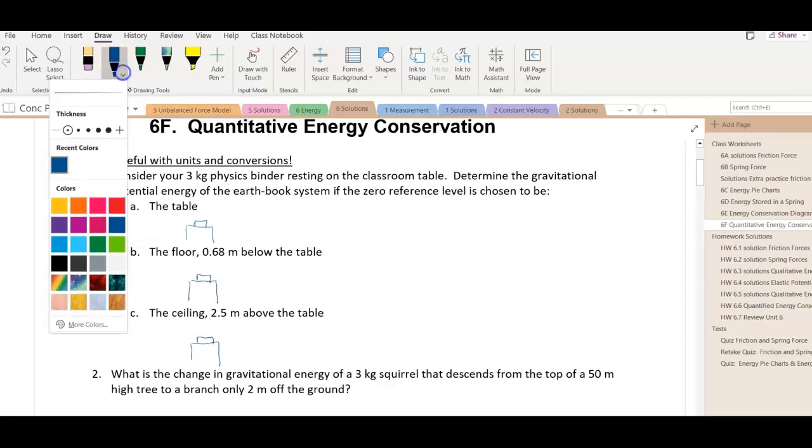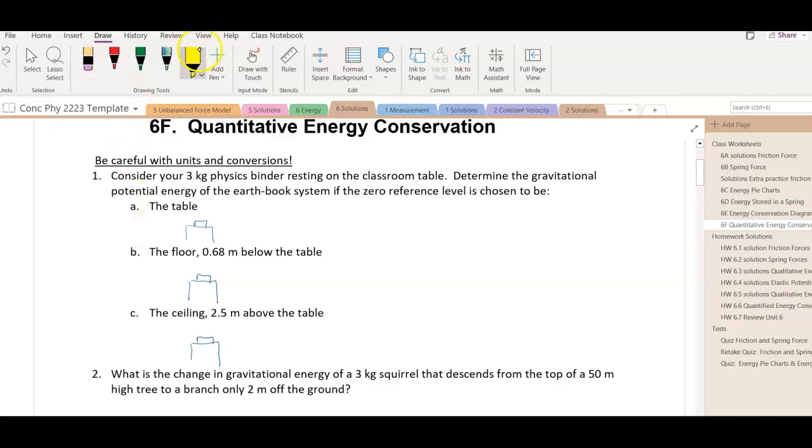The thing that is changing from one to the other is the place where we are defining our zero reference level for gravitational potential energy. Usually, we set the ground as the point where we say EG is 0.